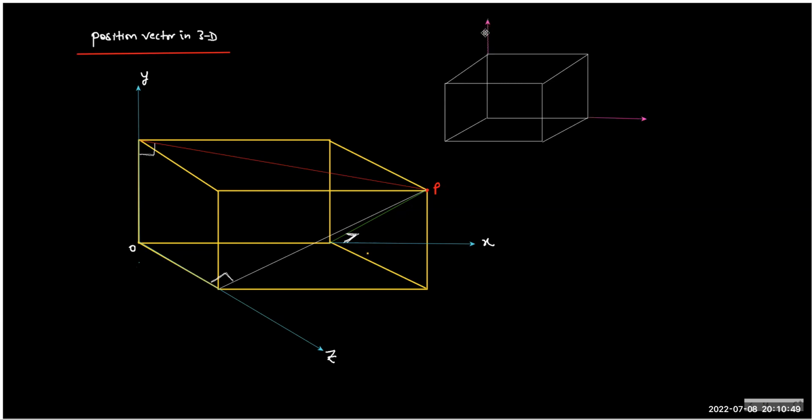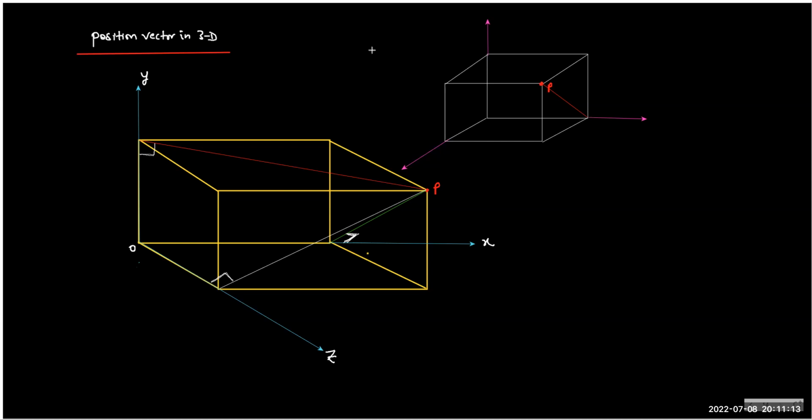The y is as usual. And anyway, z is fine. And where is our point P? And now if I ask you, can you drop a perpendicular from point P to the x-axis? Quite logical. It looks like this.